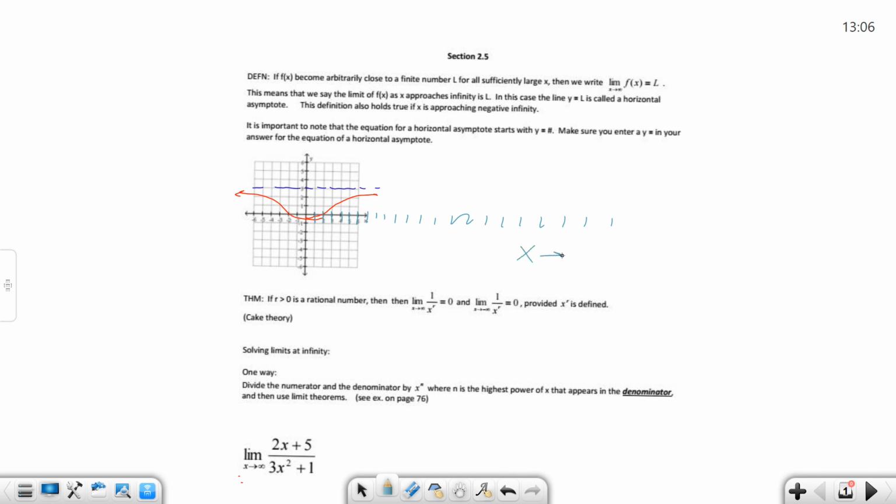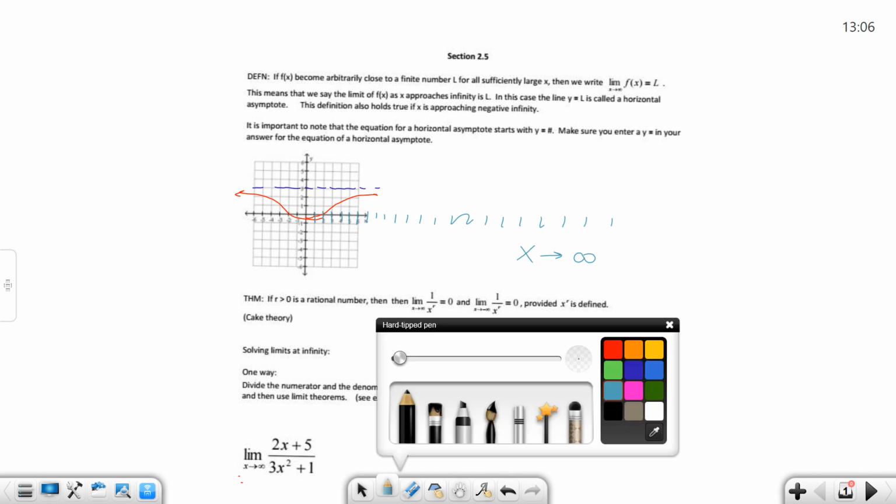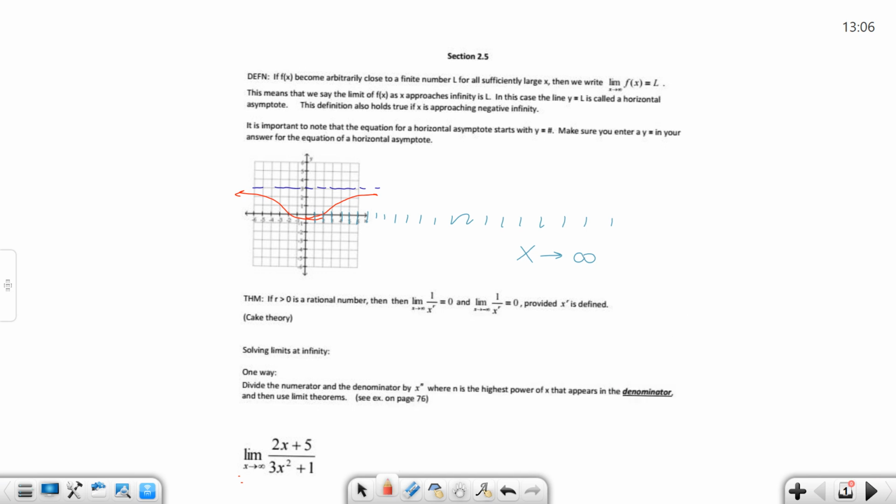So we're looking at what happens to this graph as x gets bigger and bigger. This graph is a rough sketch, but it is leveling out when y is 3. That means that you have a horizontal asymptote when y is 3. As x gets bigger and bigger, the graph is getting closer to 3.